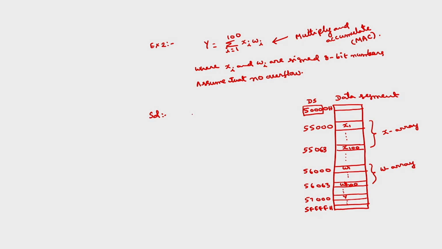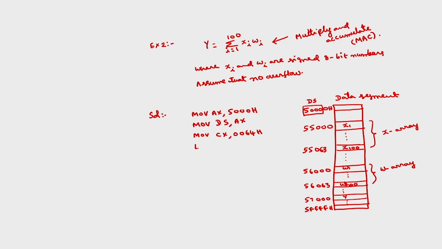You take it onto some other register, say AX, comma 5000, and you move this data to the data segment. The number of bytes to be added I will take into the CX register, so that I can use the loop instruction: 0064H.